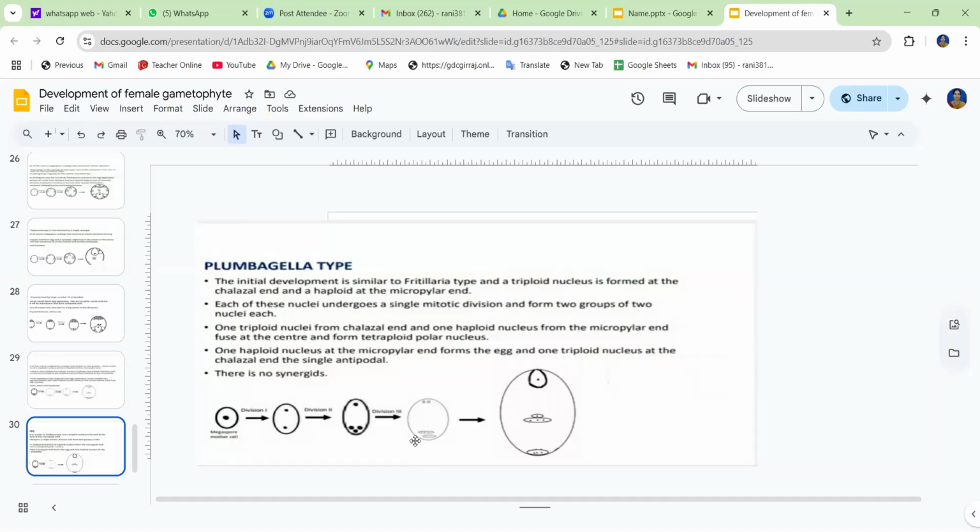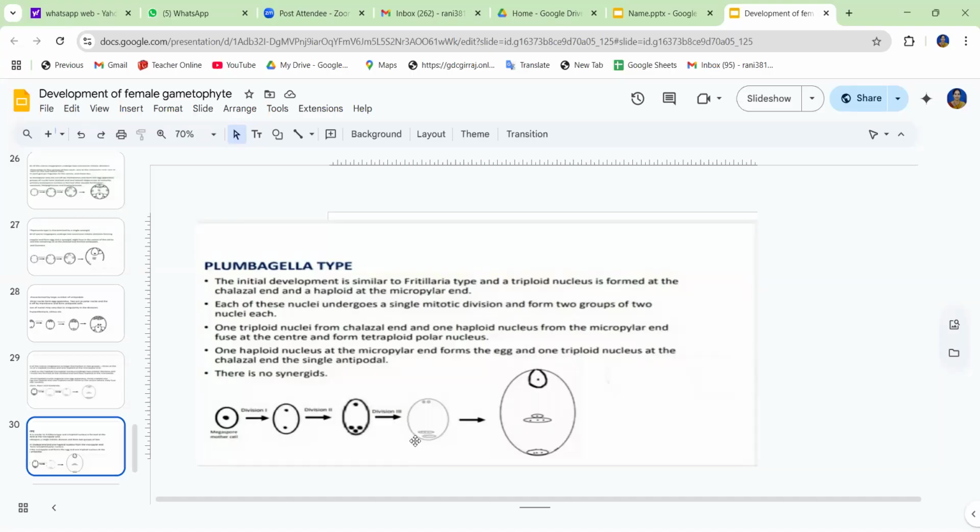So now the developing embryo sac is in the binucleate stage. Both the nuclei divide once mitotically and form a second 4-nucleate stage. That means there are 2 micropylar haploid nuclei and 2 chalazal triploid nuclei.